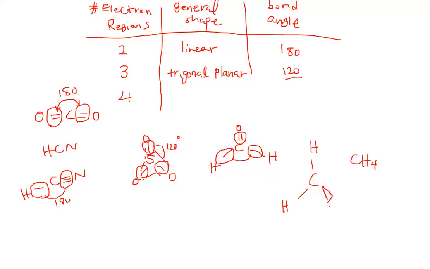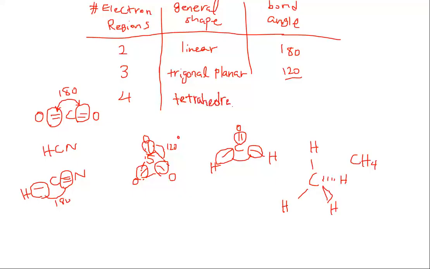Then there's a wedge which is coming out of the page, and a dash which is going into the page. I'll show it to show that CH4 is a 3-dimensional figure. The shape is tetrahedral.